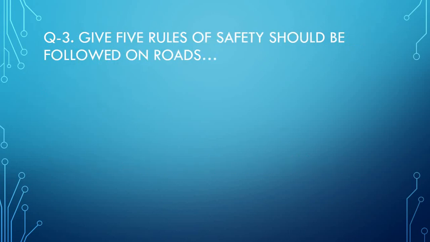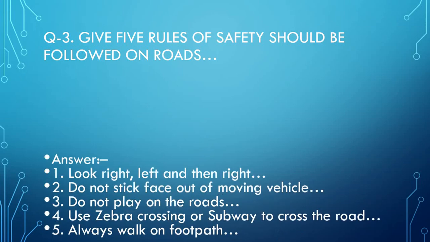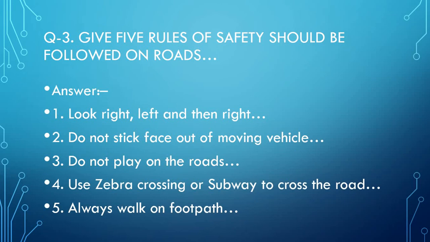Number 3. Give 5 rules of safety that should be followed on roads. Okay, start repeating after me, students. Look right, left, and then right. Number 2. Do not stick face out of moving vehicle.